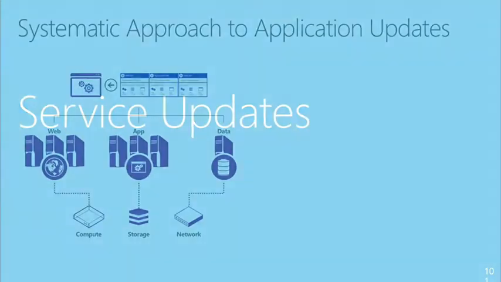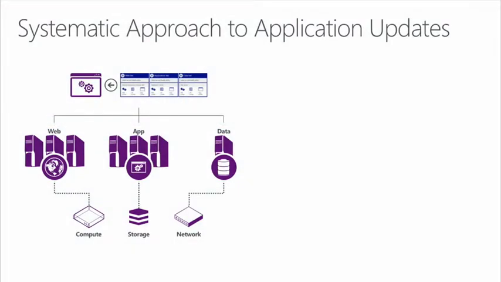If I apply it to the service template, I can then push it out to the deployed services and take advantage of the fact that these are going to look pretty much the same across all these different deployed instances. So the updates I do here are going to work for here, and the other places as well. So I can take a systematic approach to these service level updates.